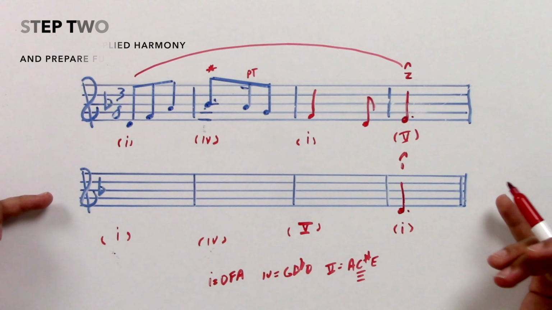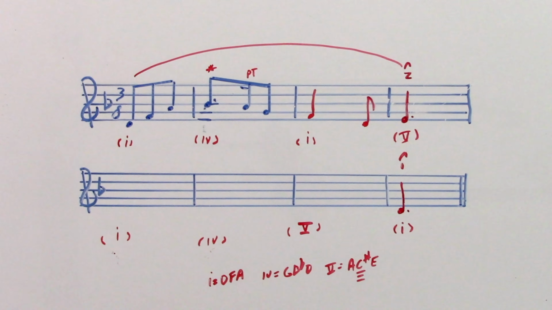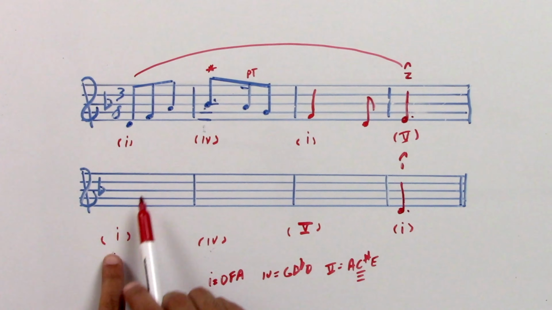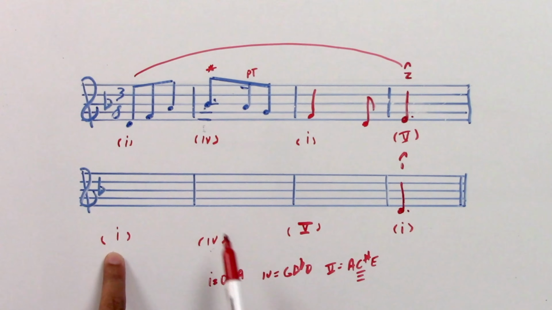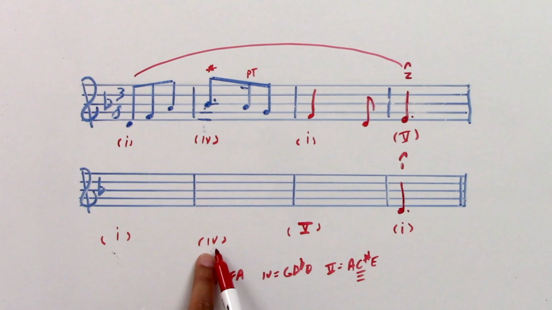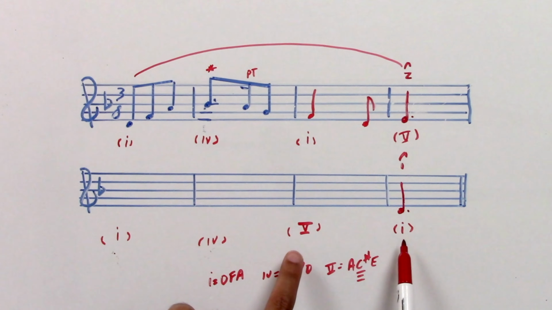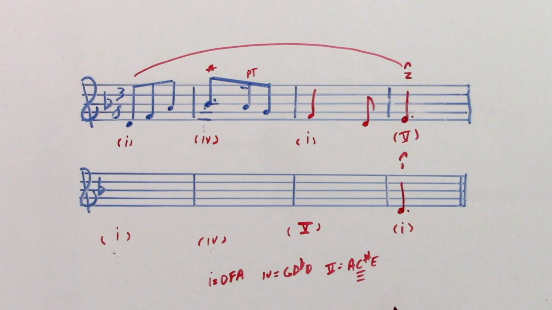So here, before I've even started writing my melody, I have my implied harmony figured out. I know I'm going to use notes from the 1 chord with some neighbor tones and passing tones if I choose, and I know this bar is going to pretty much outline the subdominant triad, and I know that these 2 chords are really important because they form our perfect cadence at the end of our phrase.